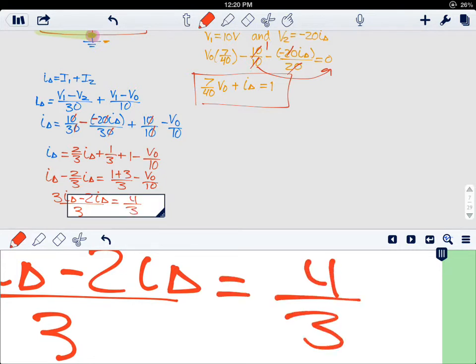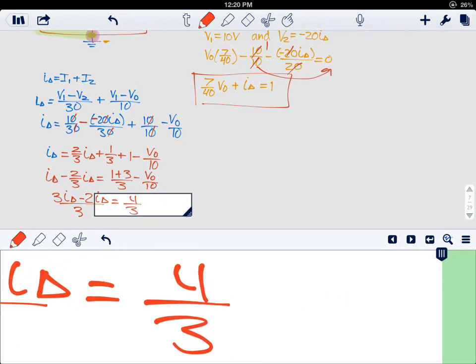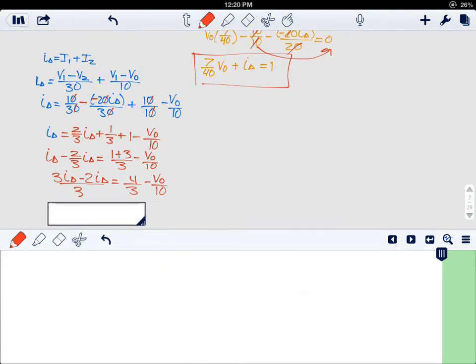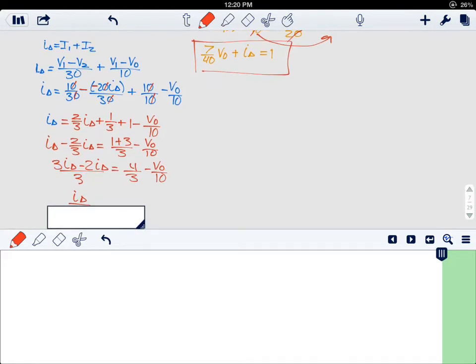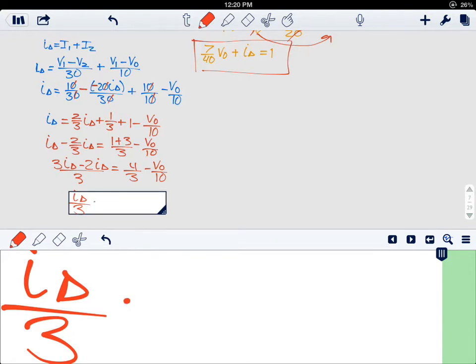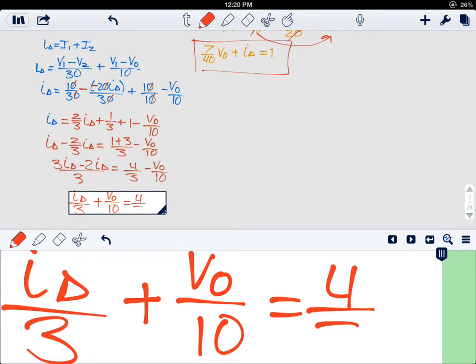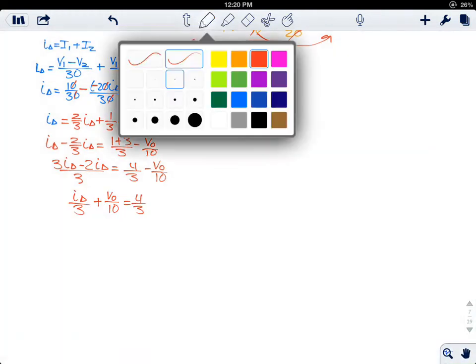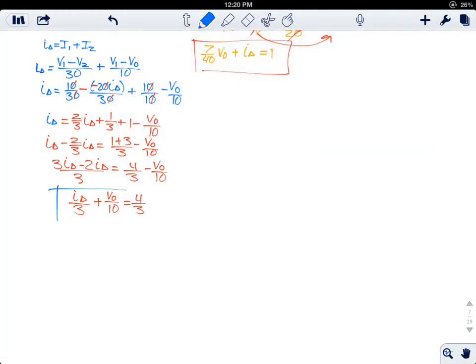This is equal to 4/3, and this is equal to 1/3. We can pass this sum into this side. And if you notice, this is our second equation.